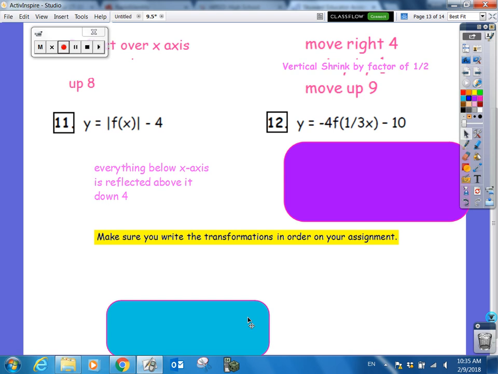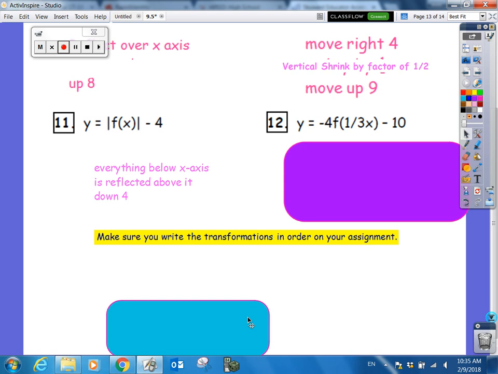Because parentheses, absolute value symbol, radical, all of those would be in the category of parentheses, grouping symbol. Absolute value is a grouping symbol, radical is a grouping symbol. It groups things together. That's going to always come with the parentheses.